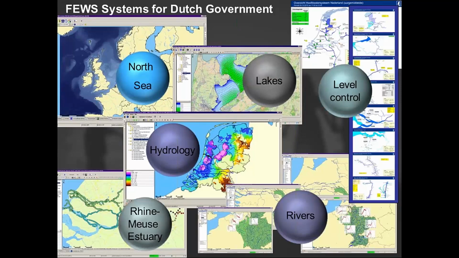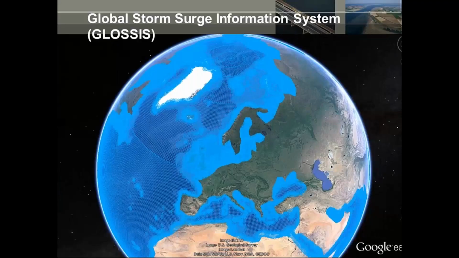We also have 3 inland water systems, such as FEWS River, which simulates the river discharge and water levels from the upstream of the Rhine River basin, starting from Switzerland and Germany and all the way to the Netherlands. We also have the real-time control system, which controls the water level of all canals and rivers across the Netherlands, as well as the hydrology system.